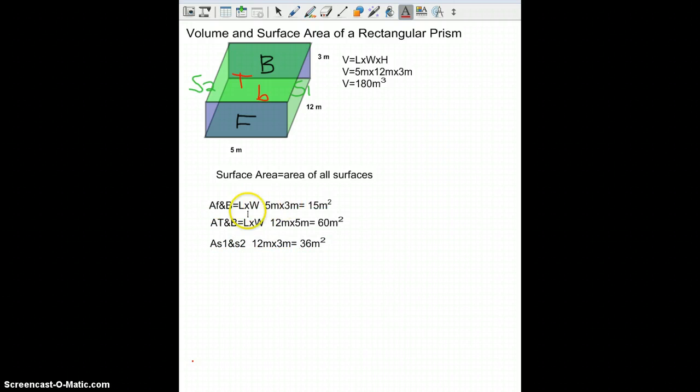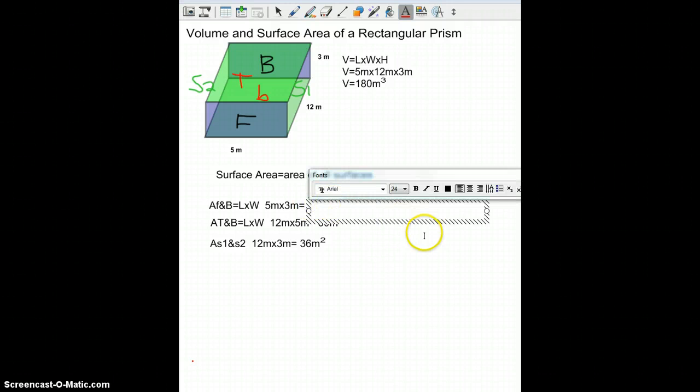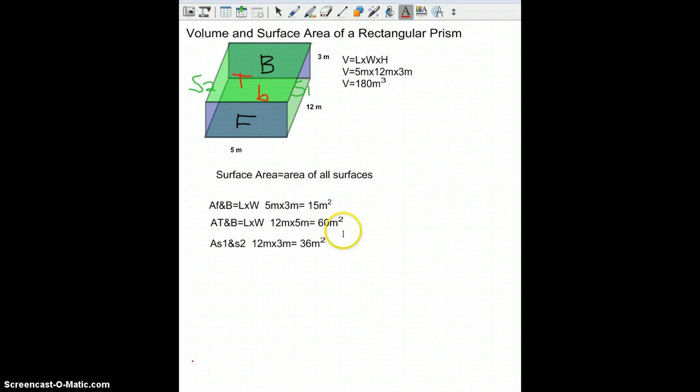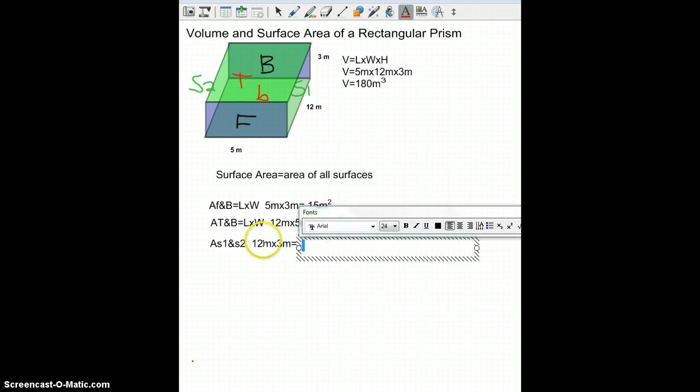Okay, so we've got the front and the back, we've got the top and the bottom, and we got side 1 and side 2. Well, what we have to do is we actually have the top and the bottom, the front and the back. We have to multiply that by 2. So this 15 meters here needs to be multiplied by 2, the 60 meters need to be multiplied by 2, and the 36 needs to be multiplied by 2.